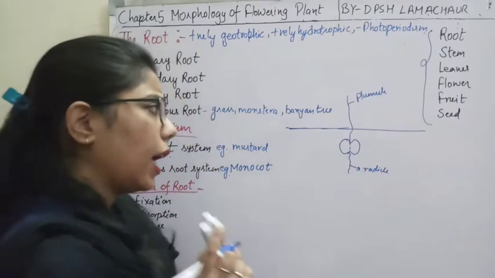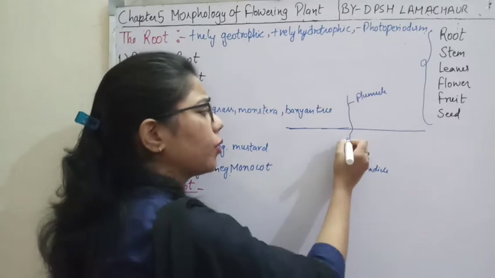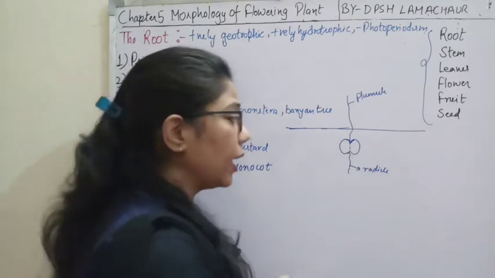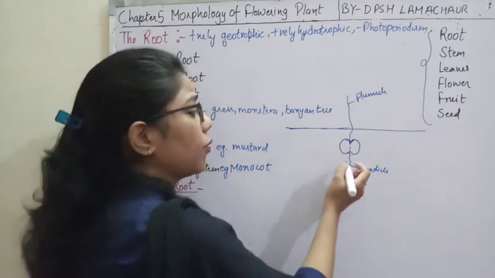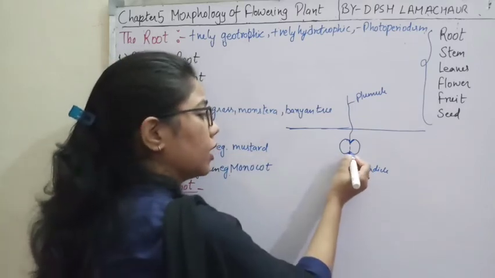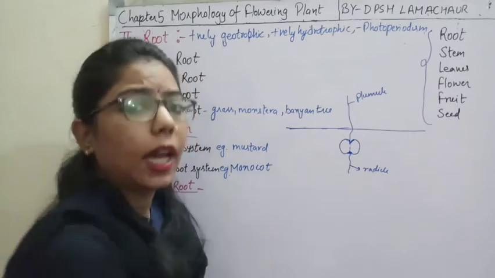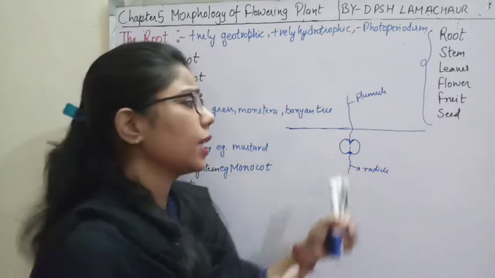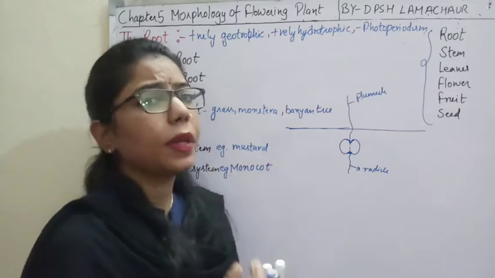The point from which the plumule starts is known as the epicotyl, and the position from where the root starts is known as the hypocotyl. Always remember, epi means above, hypo means below.